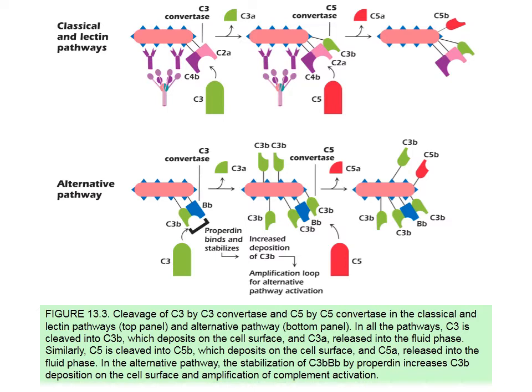Similarly, C5 is cleaved into C5b, which is deposited on the cell surface. C5a is released in the fluid phase, and in the alternative pathway, the stabilization of C3b by properdin increases C3b deposition on the cell surface. So that's basically an amplification route that we discussed earlier in terms of complement activation.